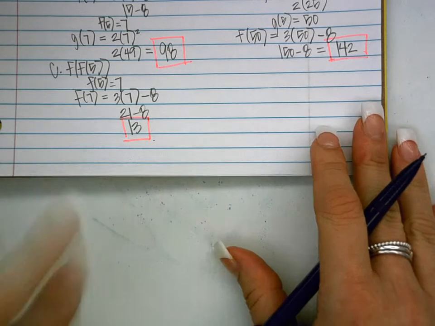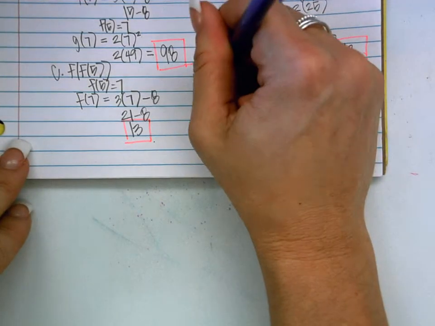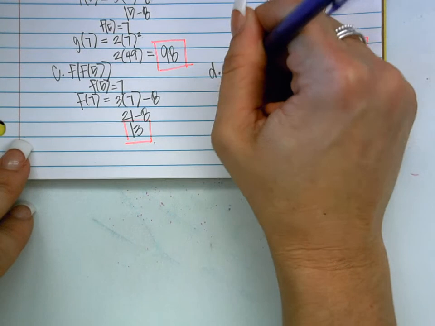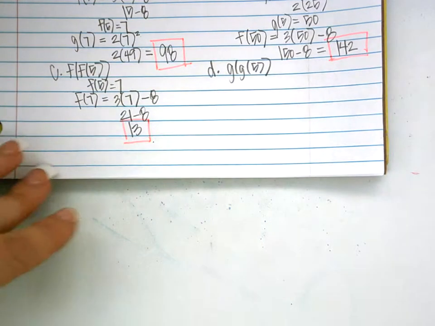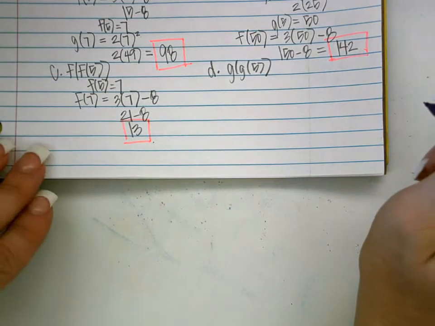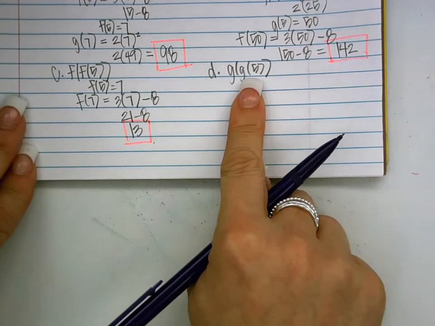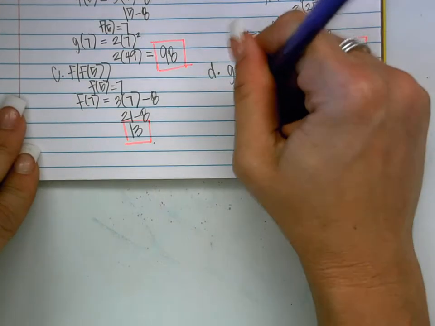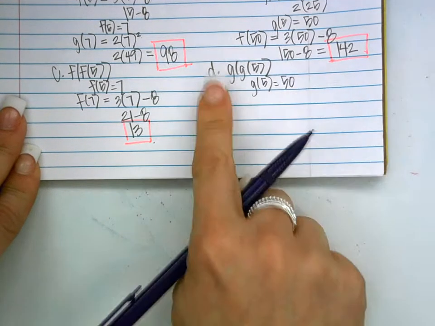And then the last one for this example, we have one more example after this. D, I'd like you to find g of g of 5. Lots of 5s. I've already found the inside one. What was g of 5 equal to? 50. I already found that. Now I'm going to find g of 50.